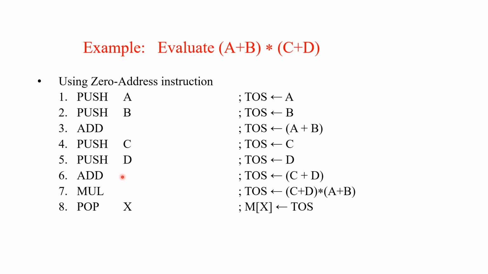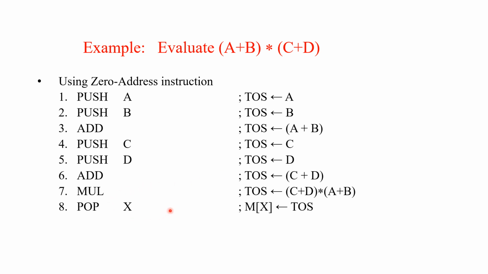Add: pop the top two elements C and D, add them and push the result back onto the stack. Multiplication: pop the top two results A plus B and C plus D, multiply them and push the result back onto the stack.